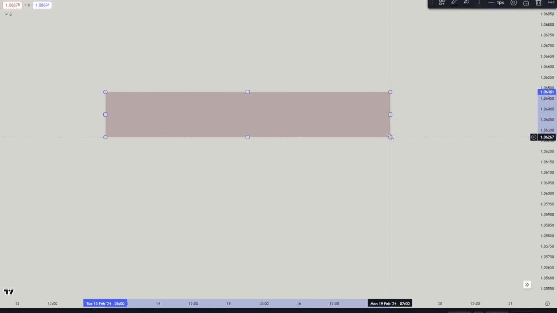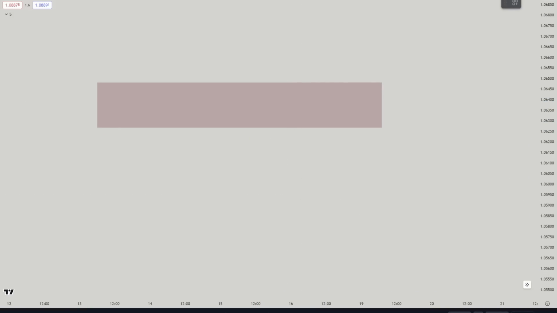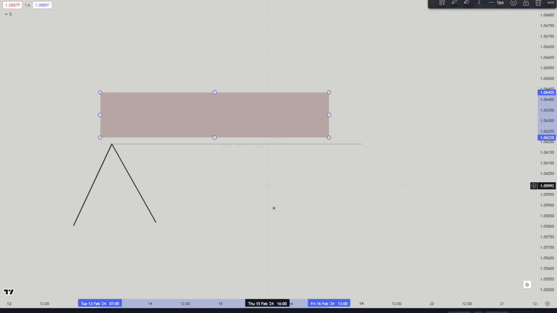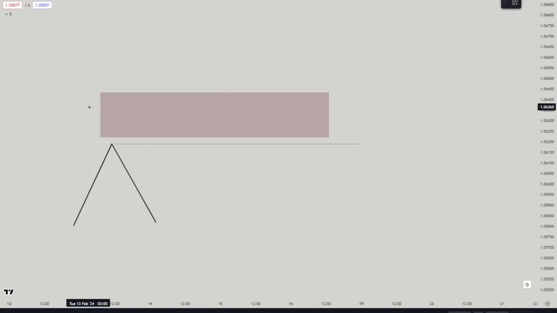Now, another thing, and this is very important, is when we have, let's say, a high, right? That's a high. We don't validate, and that's what a lot of people think, right? Any high or low, there's going to be a liquidity sweep. But in order to identify the best opportunity for a liquidity sweep, we need to have two things together.